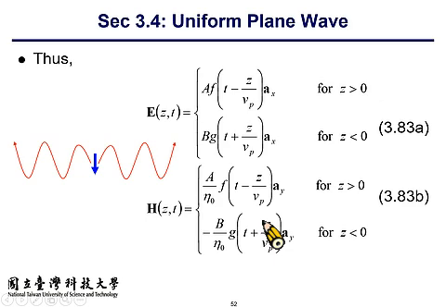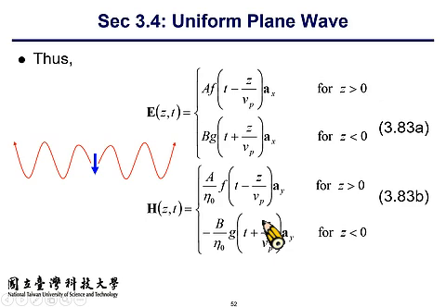So for the electrical field, you have AF for z greater than 0 and BG for z smaller than 0. All right? And so you can write up the solution for the magnetic field. For z greater than 0, you have AF over eta. And for z smaller than 0, you have minus BG over eta.